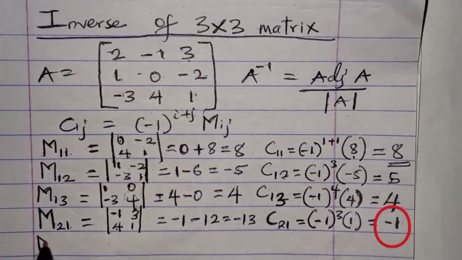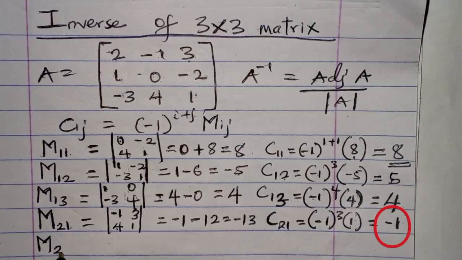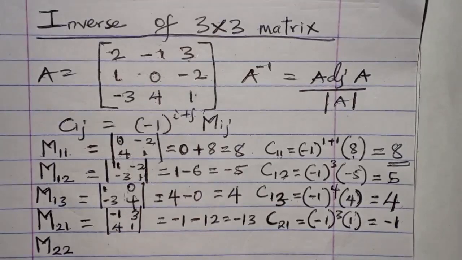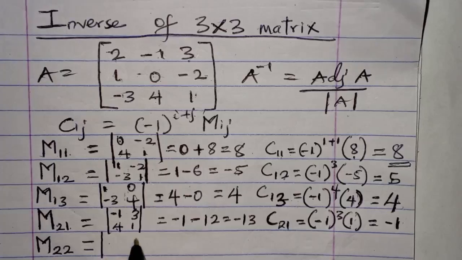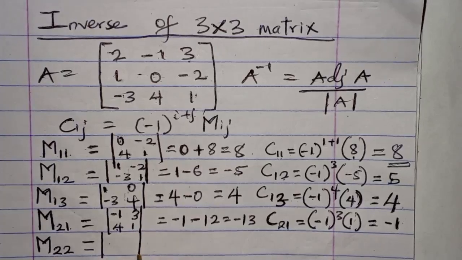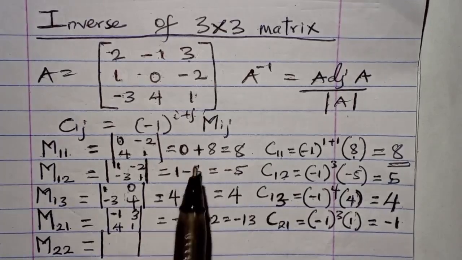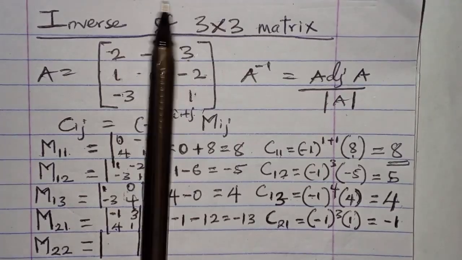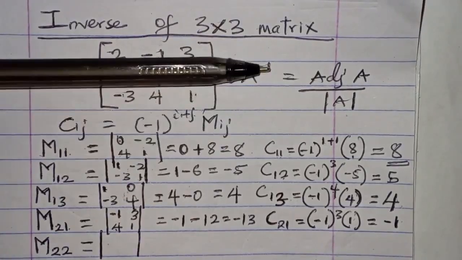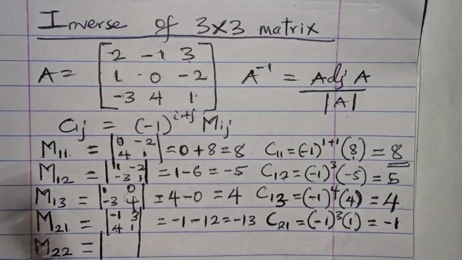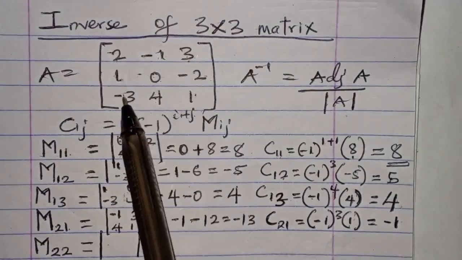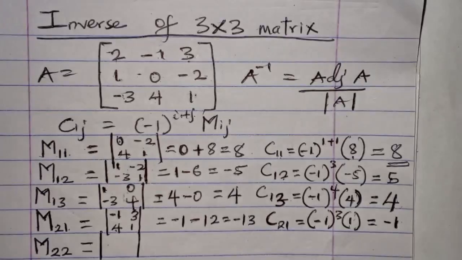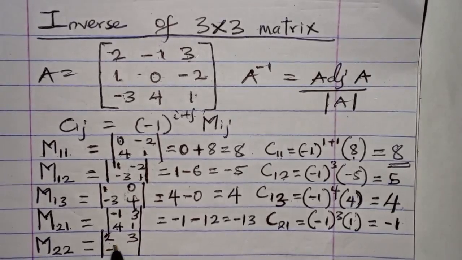The minor of the element 0 in the second row, second column, is the determinant of the matrix obtained when the column of that number is closed and the row is closed. If I close up the column and the row where 0 is found, we'll have the elements 2, 3, minus 3, 1.